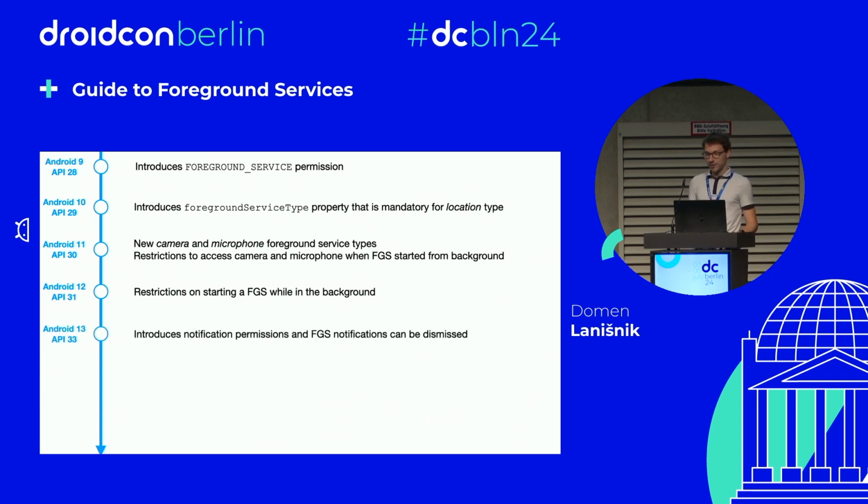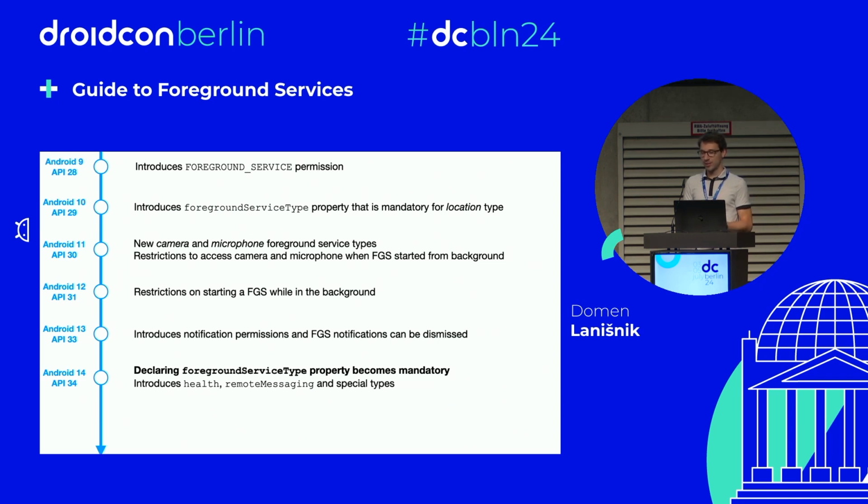Then Android 13 brought notification runtime permissions, which means that when the user doesn't allow your app to publish notifications, you won't actually see a notification when you start the foreground service. And then Android 14 brought the biggest changes, which are that the foreground service type now becomes mandatory.